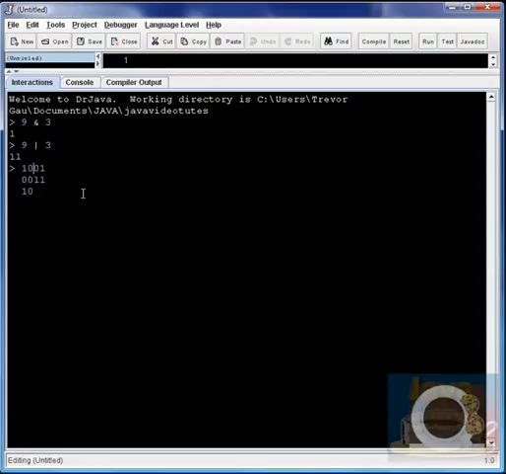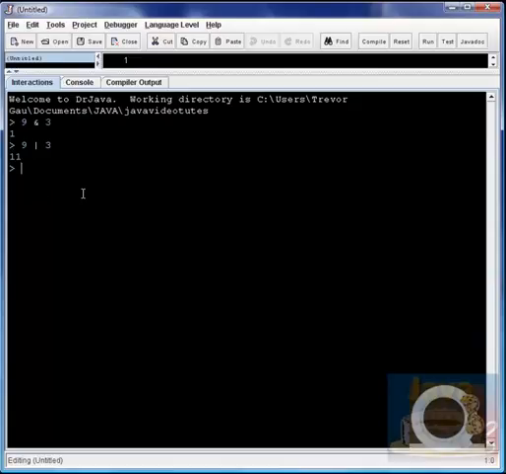Then we have a 1 here, so we're going to put a 1 here. And then we have 2 1s here, so we get to put another 1 there. So 1, 0, 1, 1. In binary, we have 1 plus 2, which is 3, and then plus 8, and that gives us 11. So there you have it. 9 or 3 equals 11.